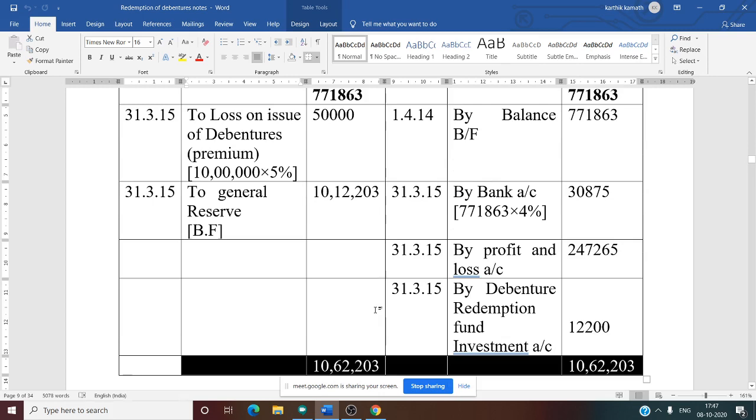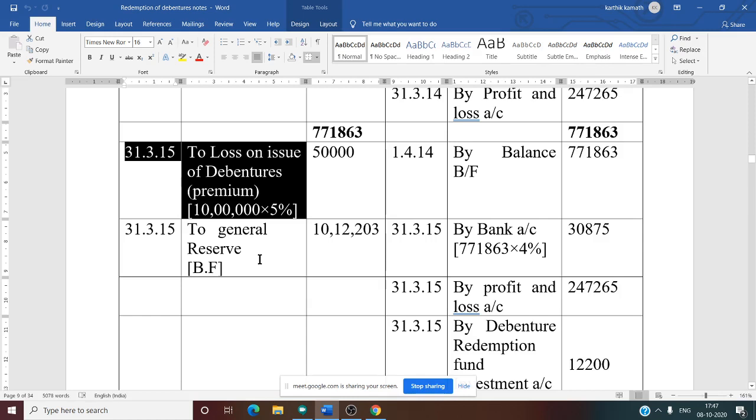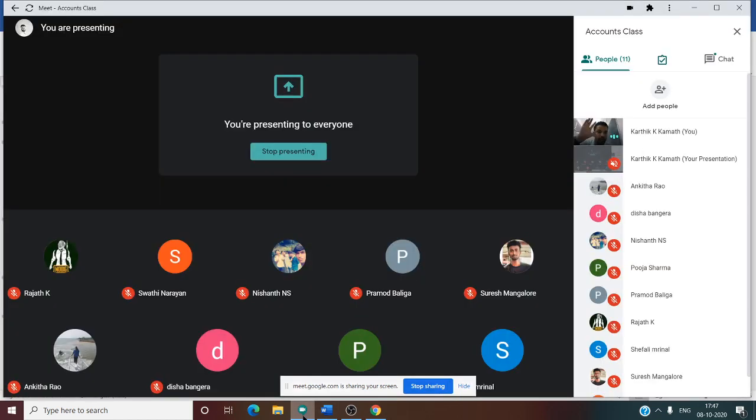In the debit side, 31/3/2015, to loss on issue of debenture. Why is there a loss on issue of debenture? If you see the question properly, first the debentures are issued at par, that is at 10 lakh they are issued. Now at the time of making payment to the debenture holder, it is at premium. It is at premium means it is at more amount.